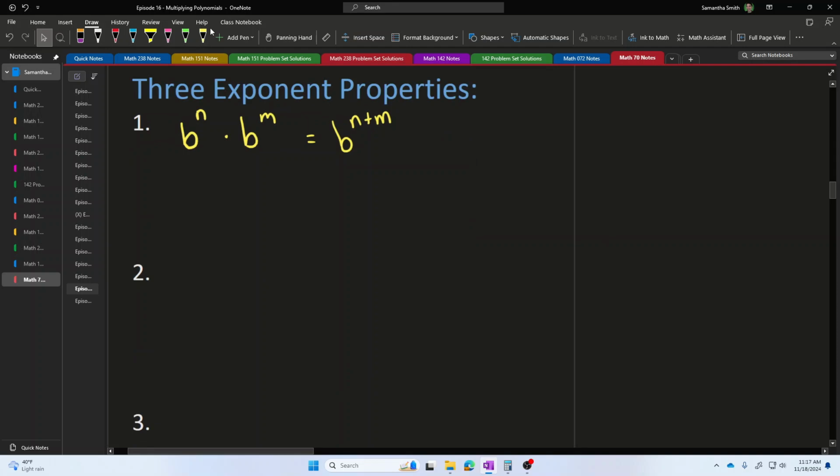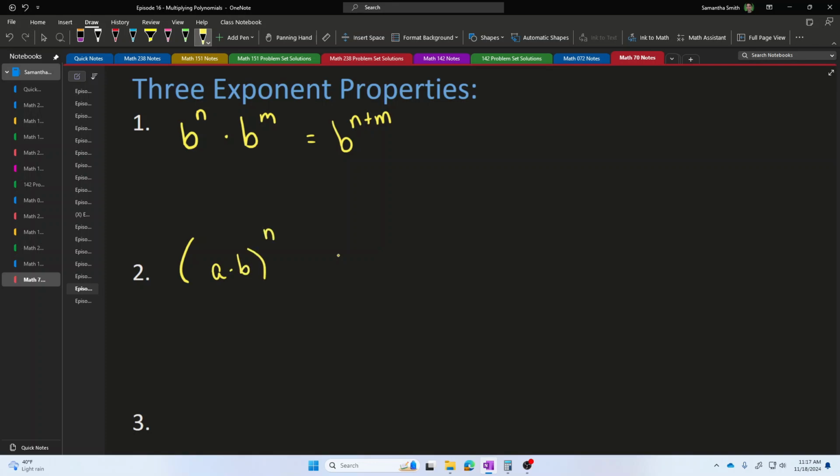The second exponent property that can be used as a shortcut sometimes is what if you are raising a product to a power? What if you have like a times b being raised to the power n? Then in this situation, you can just raise that first factor to the power n times that second factor to the power n.